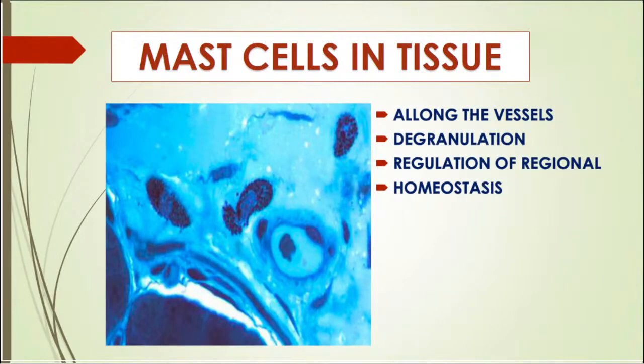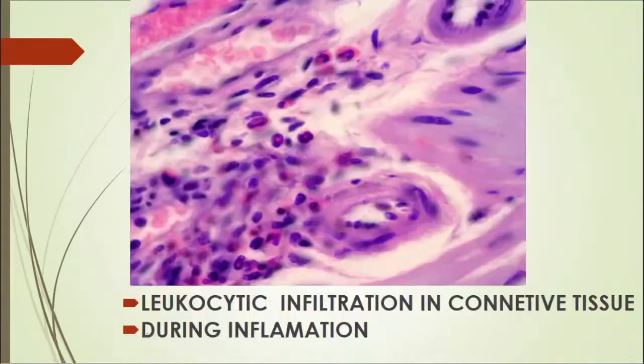As an effect of that, we have identified mast cells near the vessels, around the vessels. The mast cells provide regulation of regional homeostasis. And we have to see leukocytic infiltration in connective tissue during inflammation.